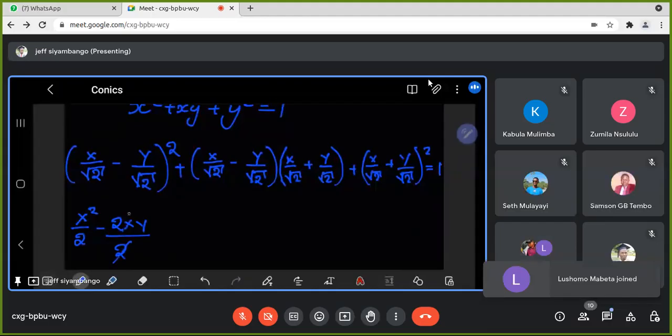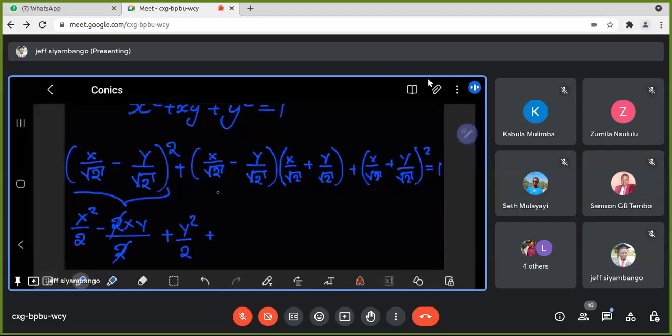The 2 and the 2, of course, will cancel out immediately. Then this will be plus y squared over 2. All this is coming from just the square of this. Then plus, this is the difference of 2 squares. Let me use different colors so that you are able to keep track.